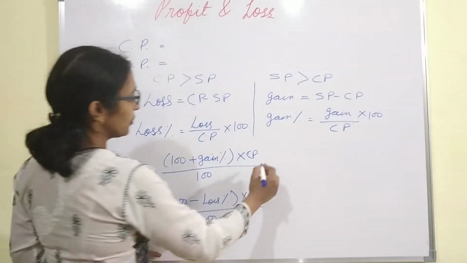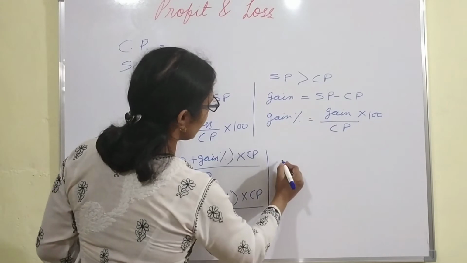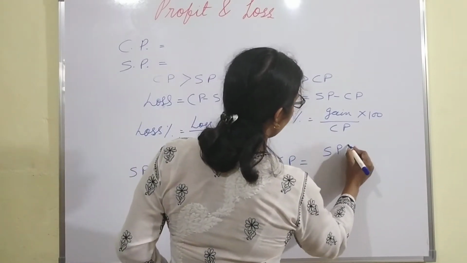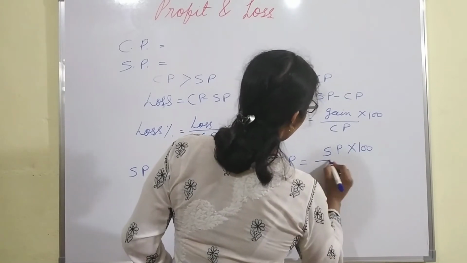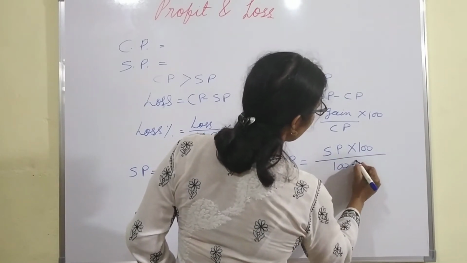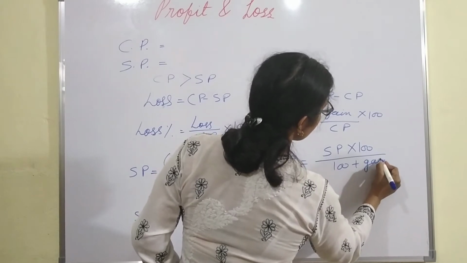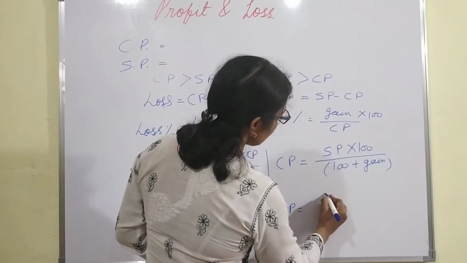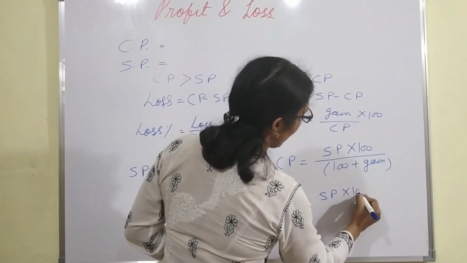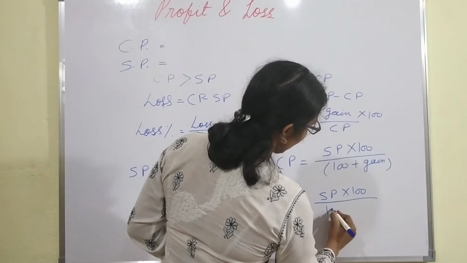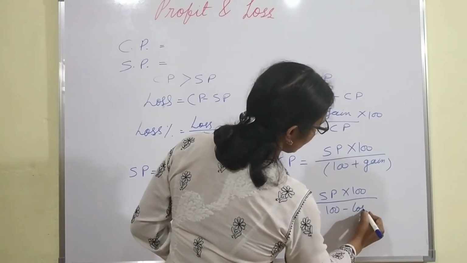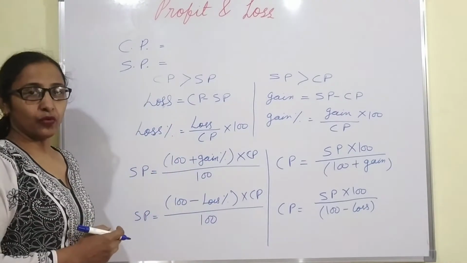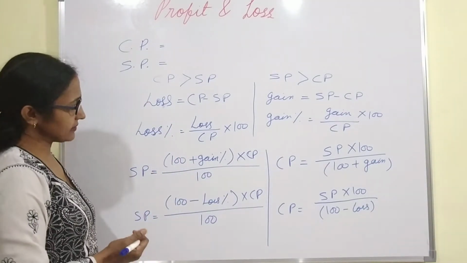Okay? Now to find CP: SP into 100 upon (100 plus gain), and if there is loss, then SP into 100 upon (100 minus loss). These are the basic formulae which we are going to use in our exercise.